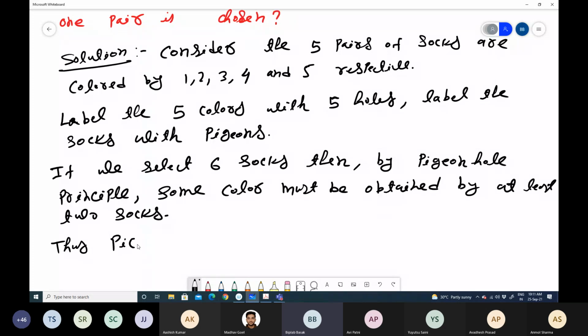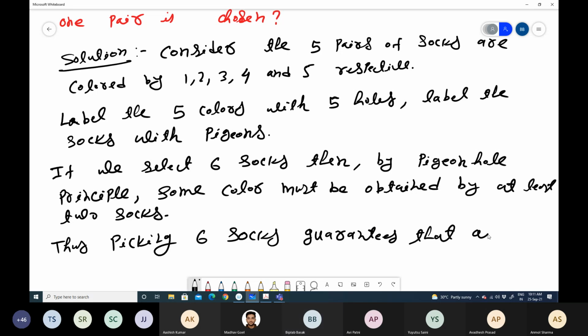So picking 6 socks guarantees that at least 1 pair is chosen. Okay, so this is one application of pigeonhole.